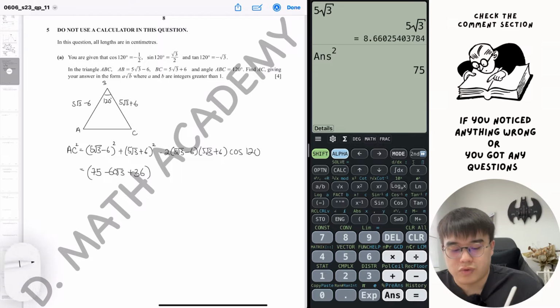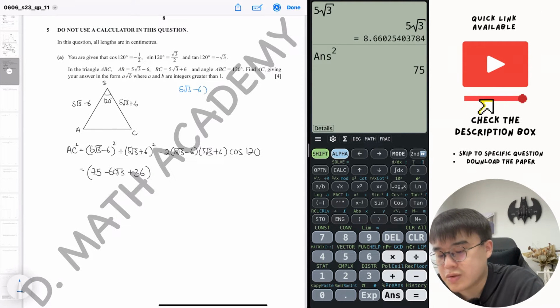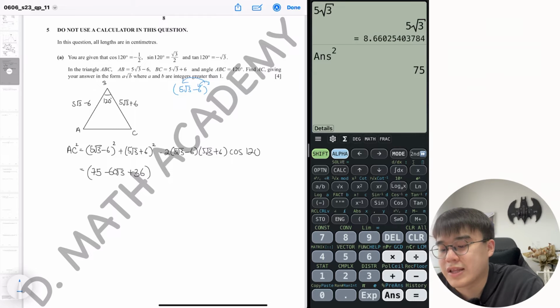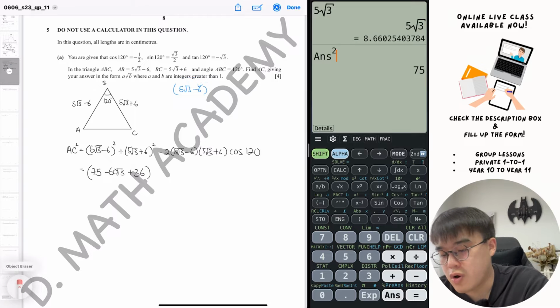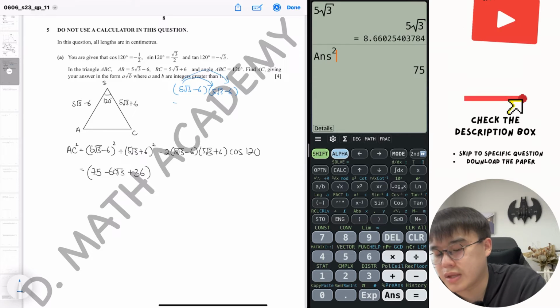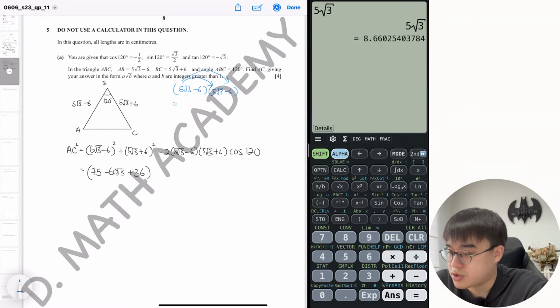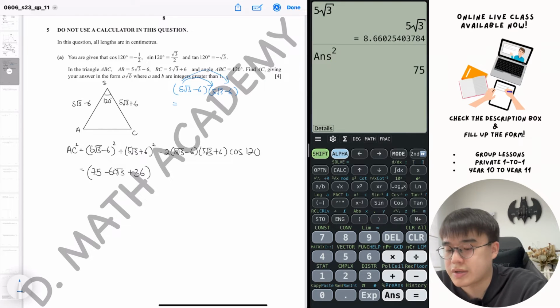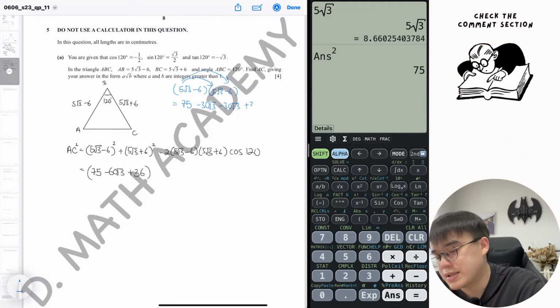For those who wonder what's happening behind the scenes, please take note that you can't just square the values inside directly like this. You are supposed to manually calculate the whole thing, and expand each of them individually. So what I did earlier on was key in 5√3 and put answer squared. That's how I get to the 75. 30√3, 30√3, and the 36.